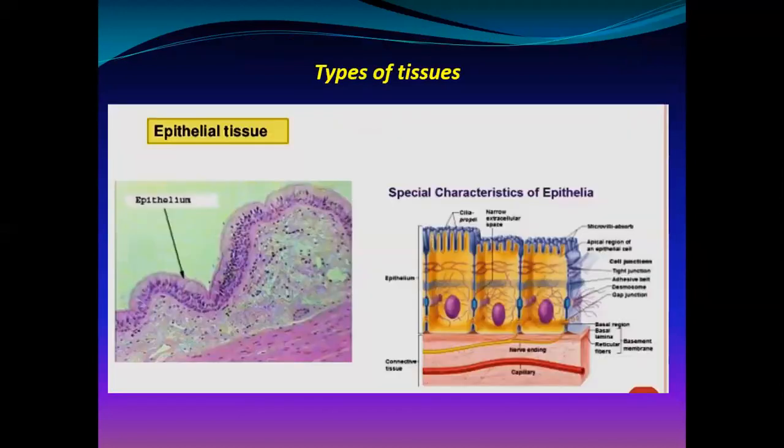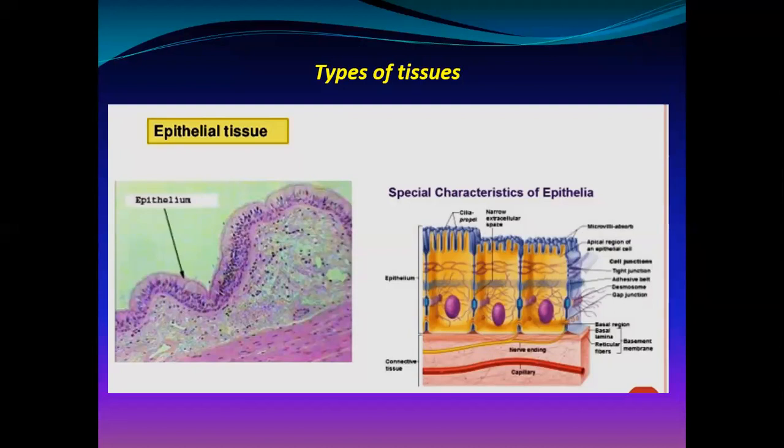Basically, several cells together form tissues. There are various kinds of tissues we come across as we progress through our curriculum, and you can see some of the cells shown here, right?